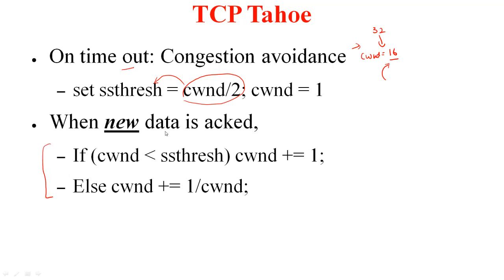When new data is ACKed, I'll get to why new shortly, if the CWND is less than SS thresh, you do slow start. That is, you increment the congestion window by 1 for every acknowledgement you're getting. So what this translates to is, in this example, your estimate is 16, but you don't want to dump 16 packets in one go. So you start with 1, you go to 2, you go to 4, you go to 8, you hit 16.